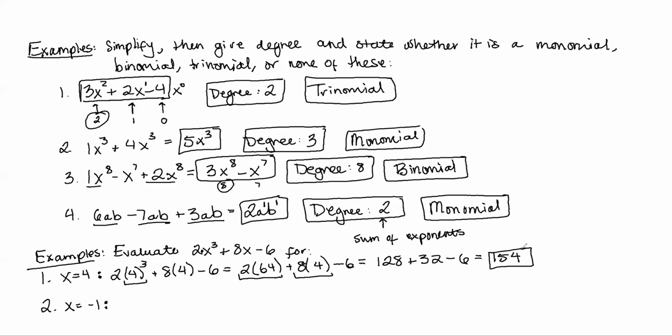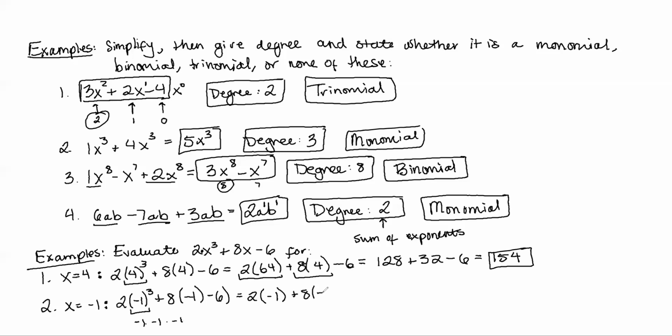So let's go ahead and try it with the -1. So again, 2 parentheses -1 cubed plus 8 parentheses -1 minus 6. And then let's again evaluate exponents first. So we're going to have 2 times -1 times -1 times -1 gives us -1.